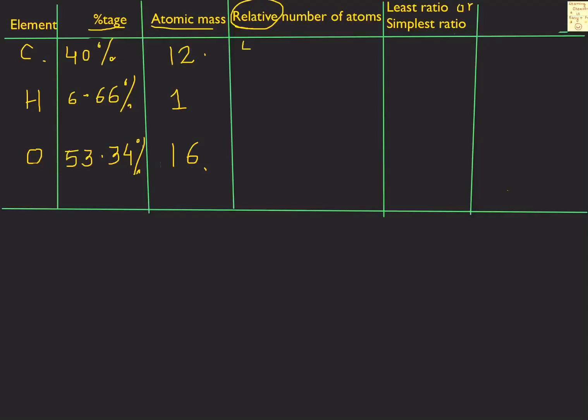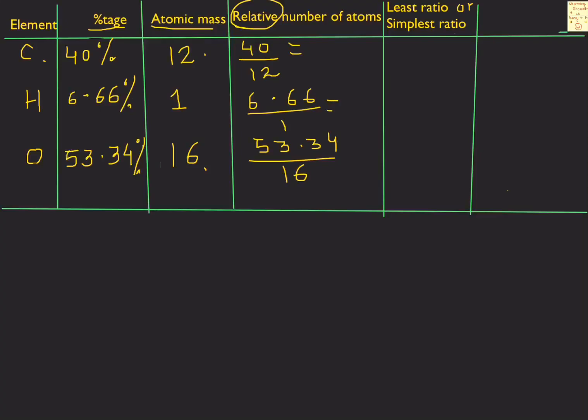So, just like you did the number of moles, 40 divided by 12 would be the relative number of atoms of carbon. 6.66 divided by 1, that would be the relative number of atoms of hydrogen. 53.34 divided by 16 is the relative number of atoms of oxygen in the compound.